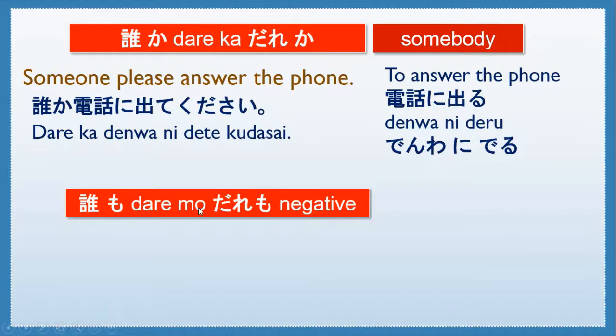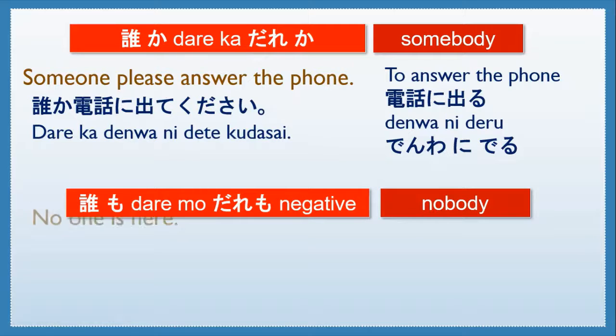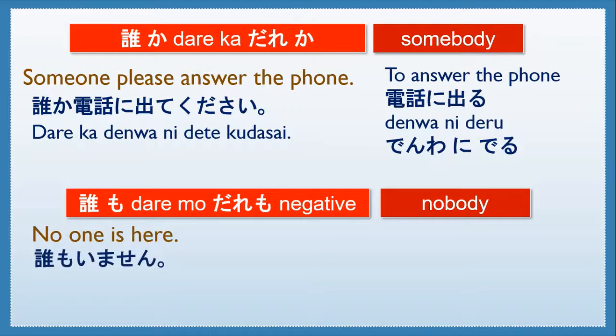Now let us look at 誰も. 誰も and then something negative means nobody or no one. Let us look at the example. No one is here is 誰もいません。Dare mo imasen.